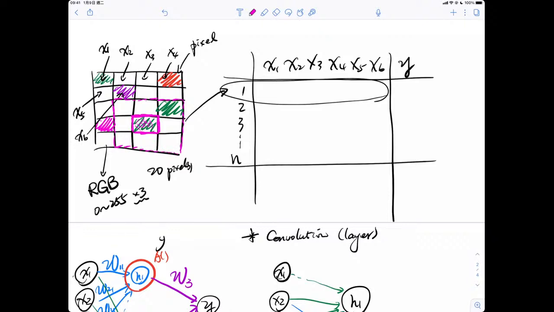So the neighbors have meaning because they might have similar colors, similar shapes, or something like that.